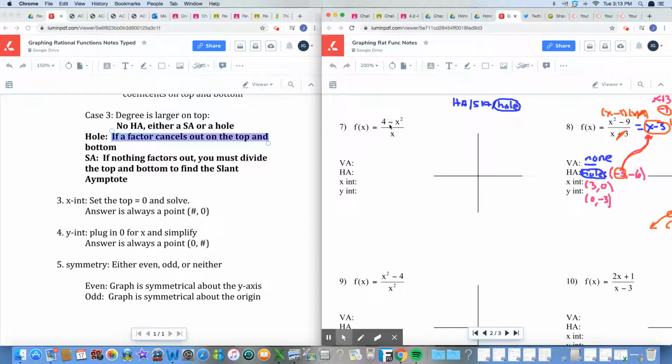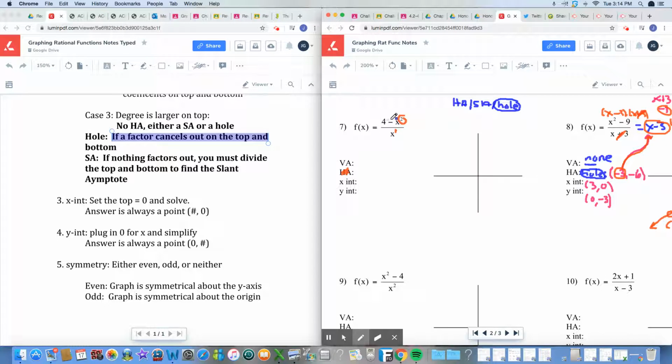So looking at 7, what we have here is we also have a situation where we have the degree on the top being bigger than the bottom. 2 is bigger than 1. All right. So that means there is no horizontal asymptote. It's either a slant or it's a hole.